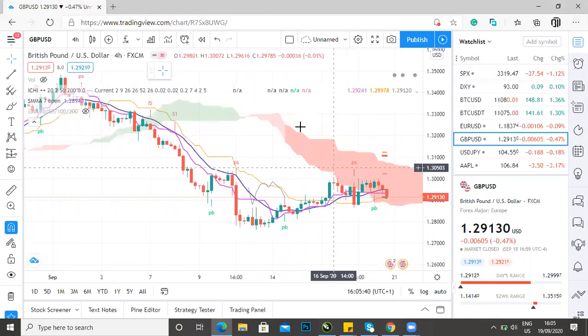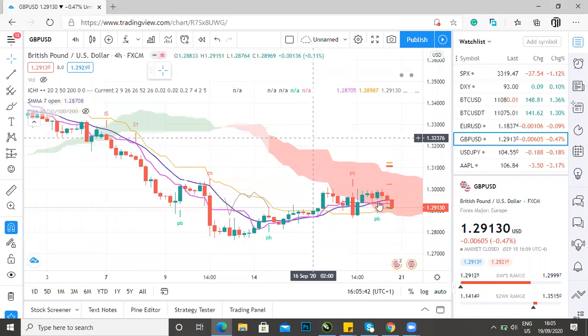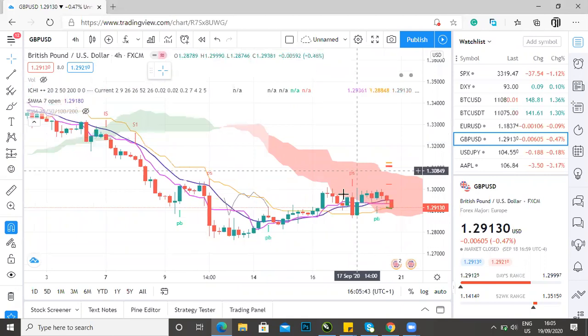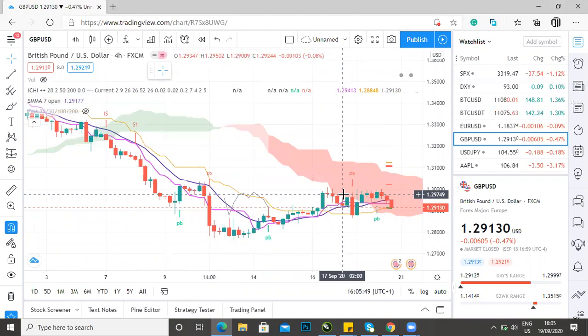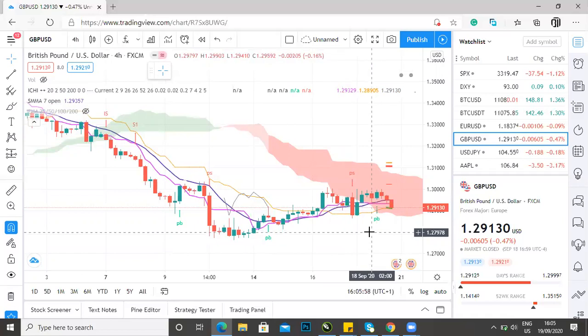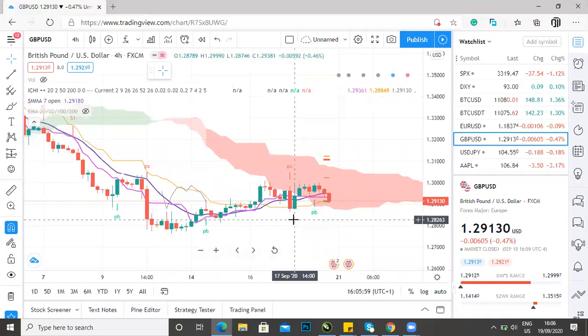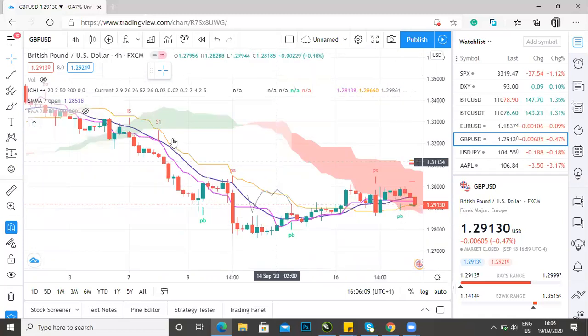Now, with the Ichimoku, what we understood in our last call is that you don't trade inside the Ichimoku cloud. Either you allow it to go up or you allow it to come down. It has to be above the Ichimoku or below the Ichimoku. Now, let's check out this hour.